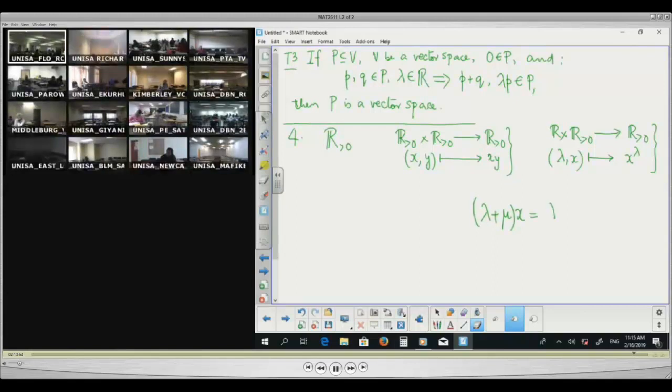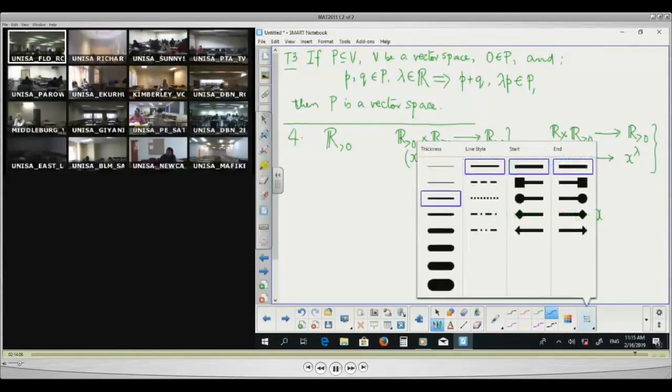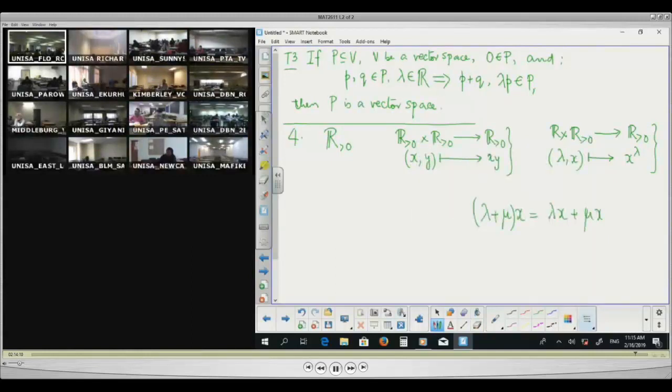This is x to the power lambda plus mu. Right? This is the definition. Right? Lambda times x is x to the power lambda plus mu in this example.